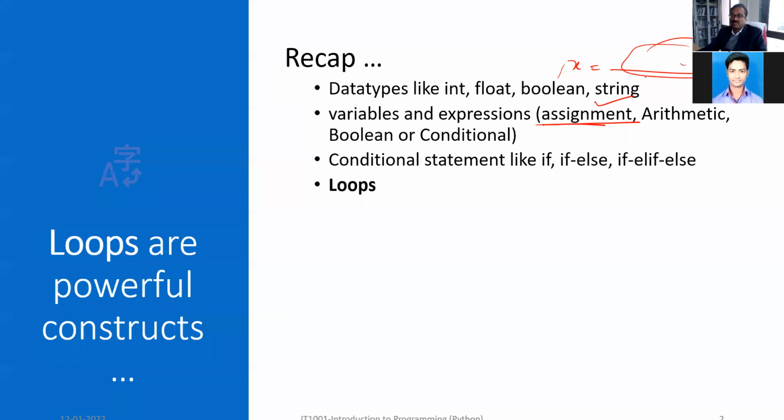The right hand side is first computed, evaluated, and the resulting value is stored in x. So this is nothing but the assignment statement, where we have a left hand side, which is typically a variable, followed by the equal to sign, and then the right hand side. So we have seen this assignment statement, then we have seen the conditional statement, right?